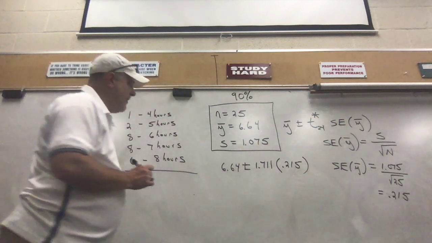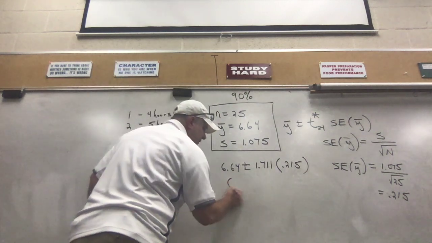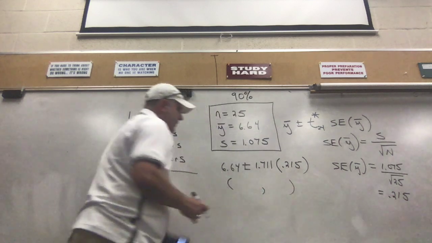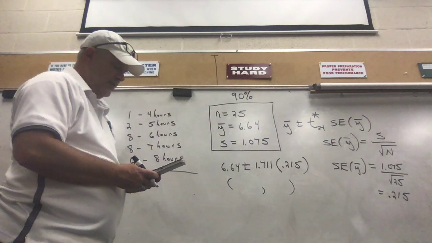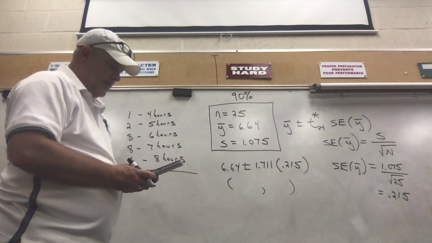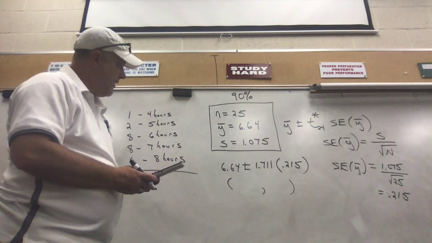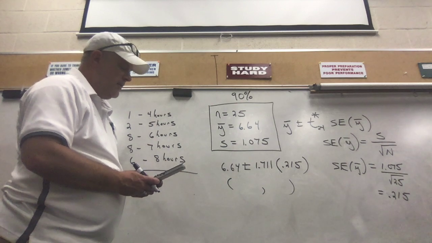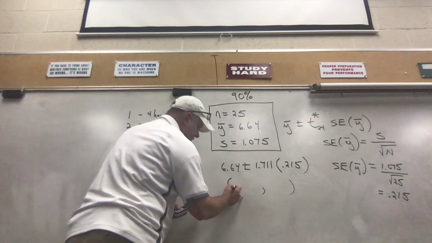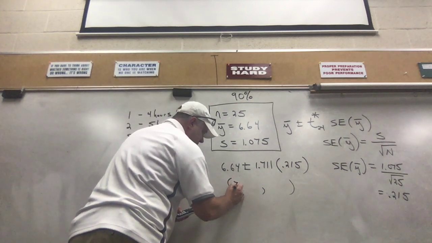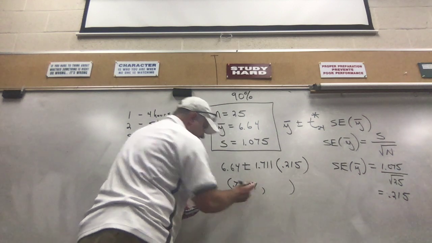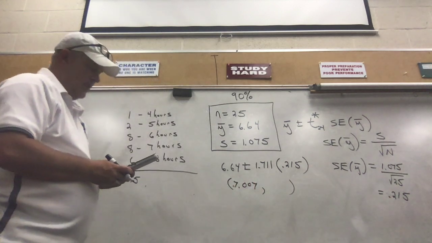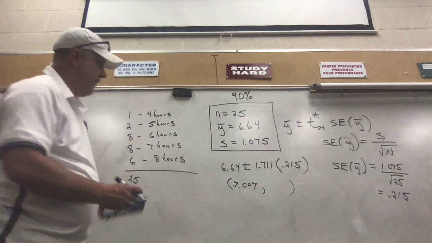So now let's calculate this. 6.64 plus 1.711 times 0.215 is 7.007.